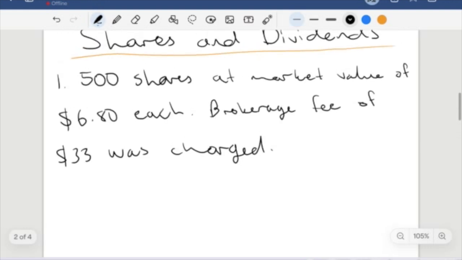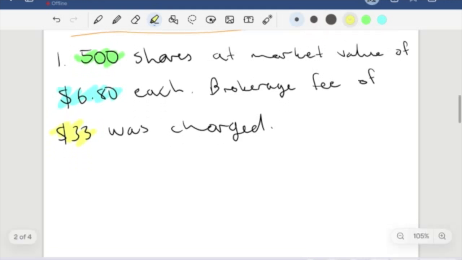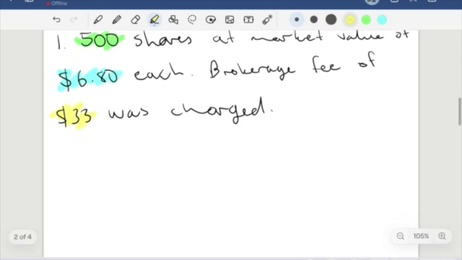So we're getting 500 shares. We're underlining all the key bits of information, and they are $6.80 each. And this brokerage fee of $33, you have to pay that whether you buy one stock or 500 shares. So let's actually lay out what this is asking from us.